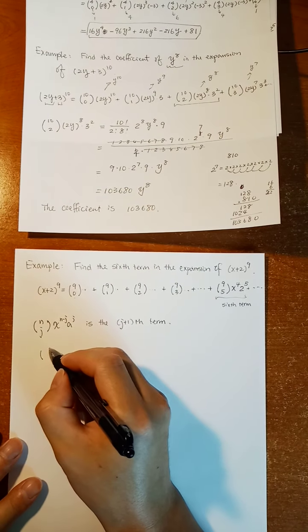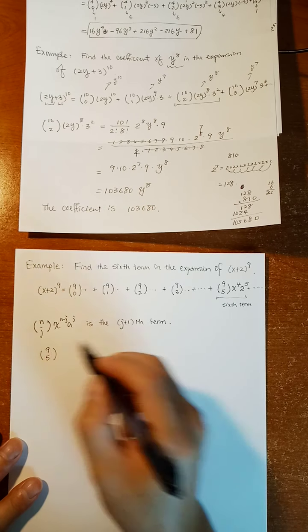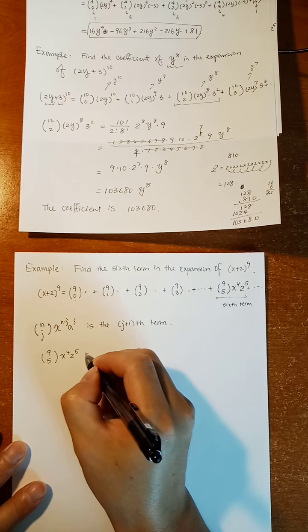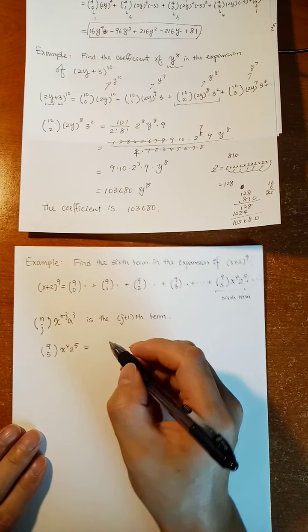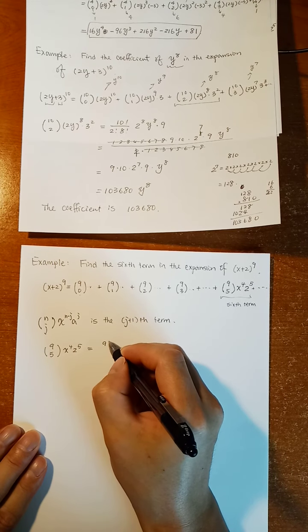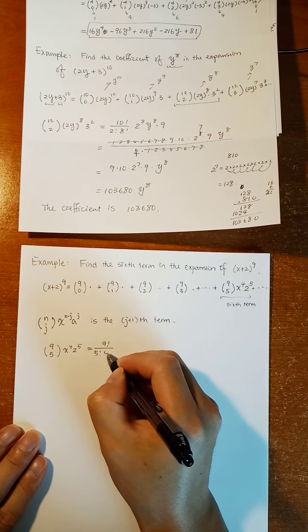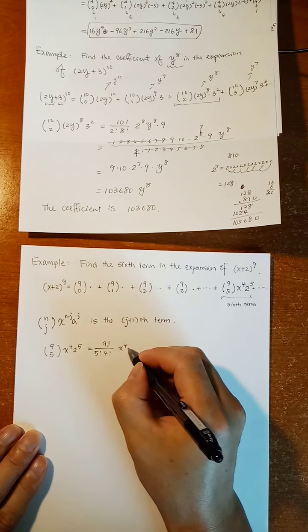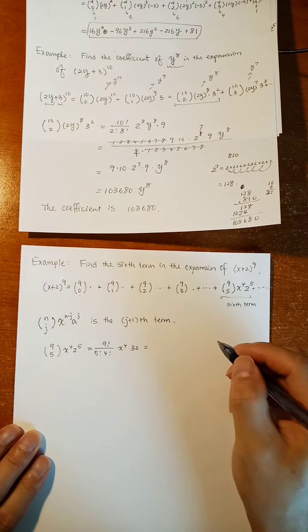Okay, then let's check. 9 choose 5, x to 4, 2 to 5. It's also a very long computation. It's 9 factorial over 5 factorial, 4 factorial, x to 4. 2 to 5 is 32. Just do the computation, you will get it.